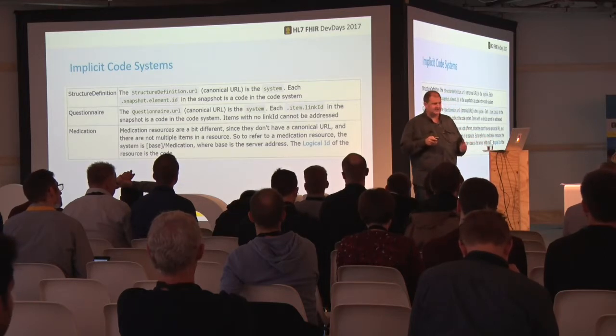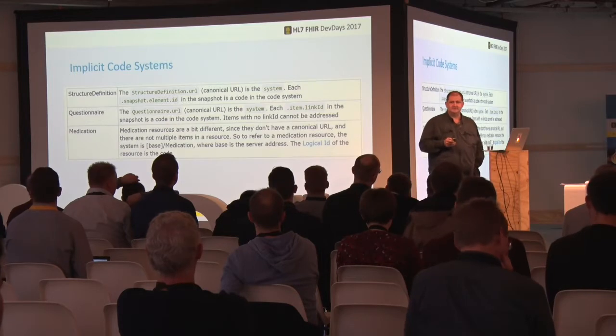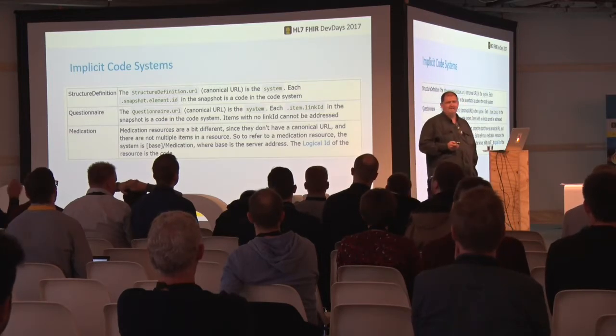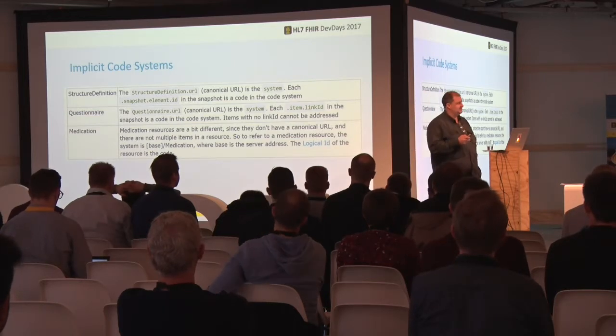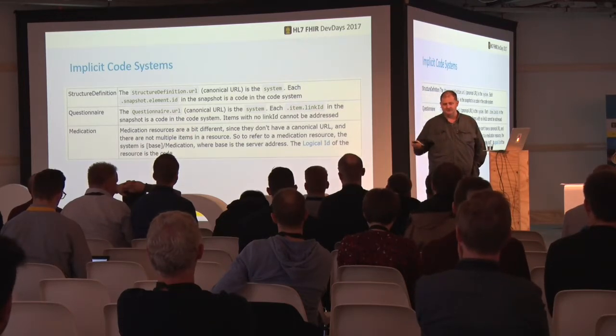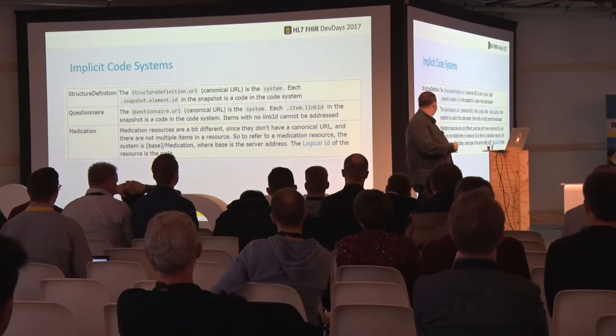The really interesting thing about this is, what we say in FHIR is there's a bunch of implicit code systems in FHIR. How many people knew about implicit code systems? Yeah, oh, more than I thought, a few. So we actually say that every structure definition that you'll ever see, the ones we define, or profiles that are defined by nations, or projects, or whatever, is an implicit code system.